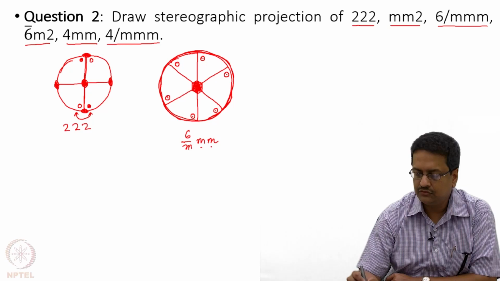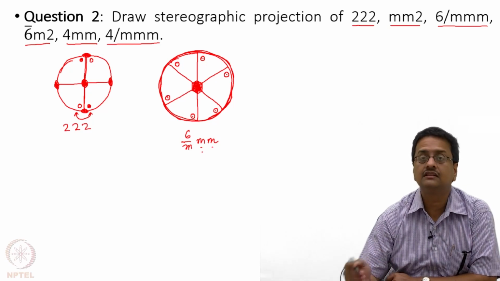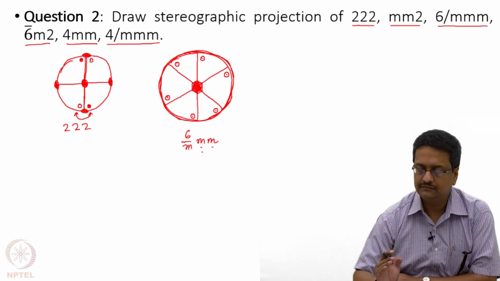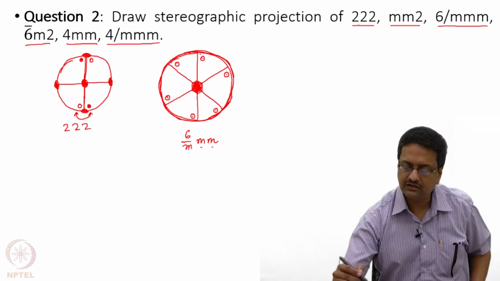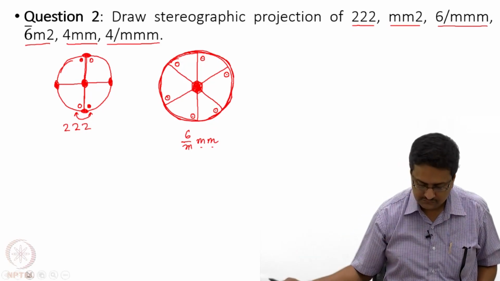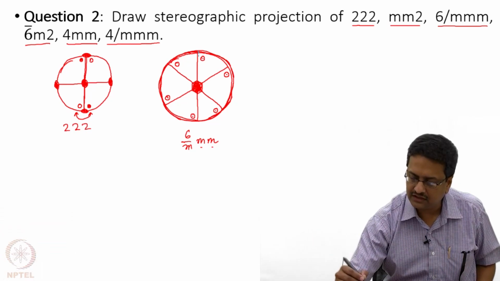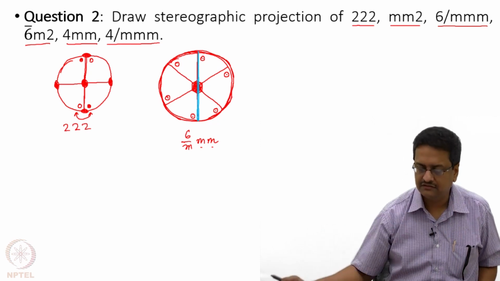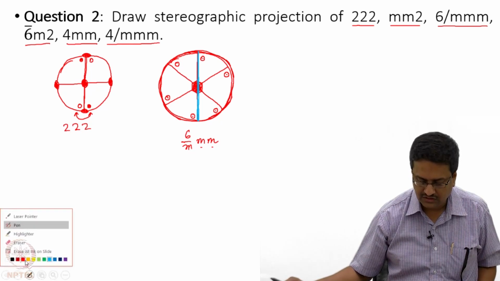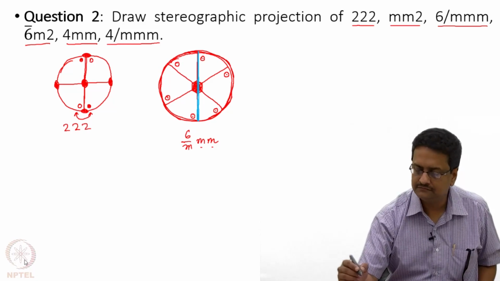Now when we have two mirrors, these two mirrors are now parallel to the six-fold axis, and we can assume one of these lines to start with as mirror planes. So I am drawing the mirror plane using a different color. So if this line is a mirror plane, then the points should be reflected on either side of this plane.